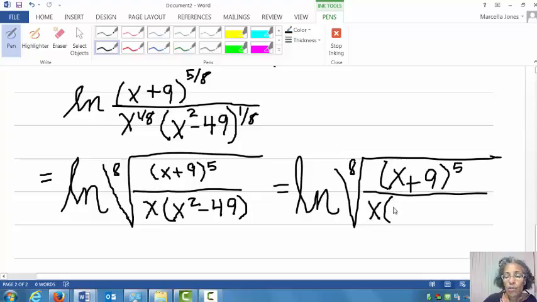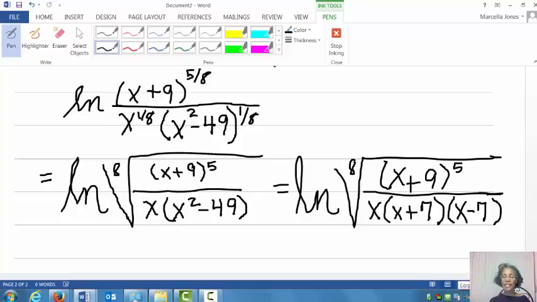And I also was told to use radicals as needed. So I wouldn't want to leave those fractional powers. I would want to write them as a radical. So this would be the final answer that was desired. Okay, so that would be the process to follow on this problem.